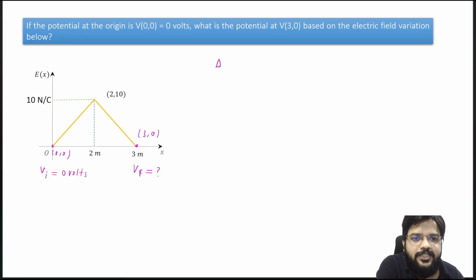We know that change in potential can be written as minus E dot dx. This can be written as del V equal to minus E dx. Correct? Here del V is the change in potential, means final minus initial.